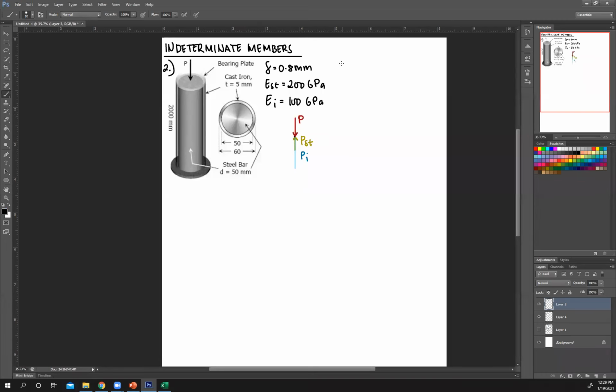So basically, your summation of forces in y equals 0, that's just negative P plus PST plus PI equals 0, or PST plus PI equals P. Okay, and then we're looking for P. So this is now your equation 1.